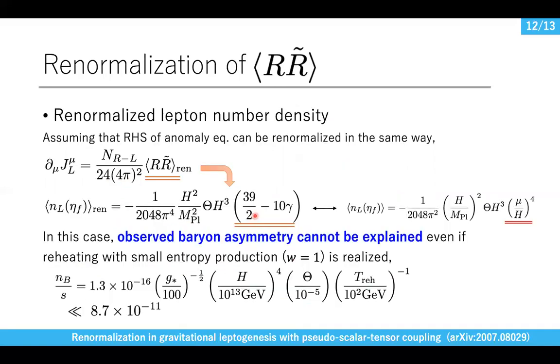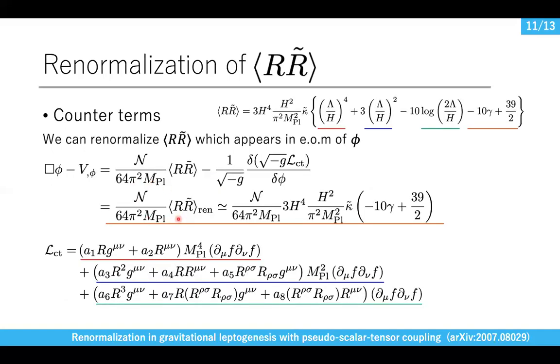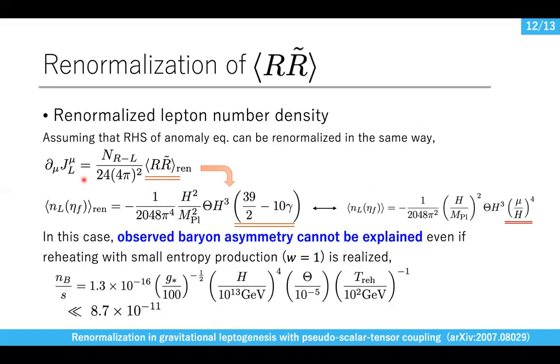So finally, we have considered the renormalized lepton number density. Assuming that the right-hand side of the anomaly equation can be renormalized in the same way, I mean the same as in the equation of motion, then you have this renormalized anomaly equation. Okay, so then after performing the integral, we obtain this renormalized lepton number density in gravitational leptogenesis.